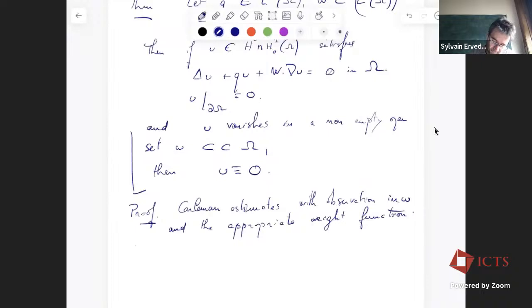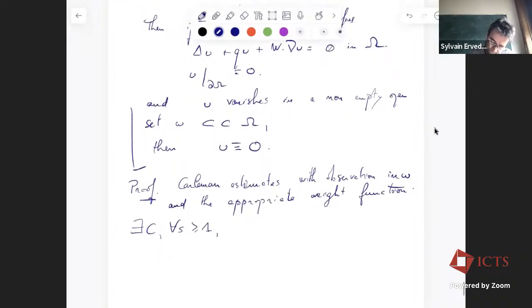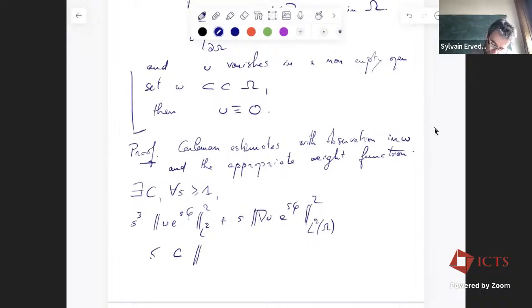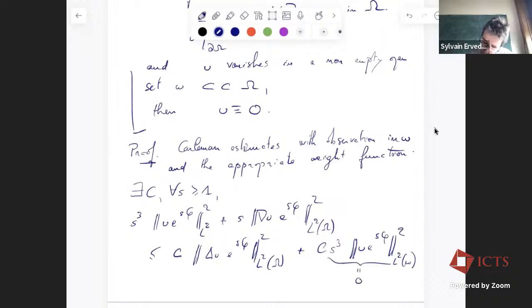And then you'll get that there exists C such that for all s larger than 1, the norm of s to the 3 u exponential s phi in L2 squared plus s gradient of u exponential s phi in L2 squared is bounded by a constant times Laplacian u exponential s phi in L2 squared plus constant s3 u exponential s phi in L2 of small omega. So this one vanishes.